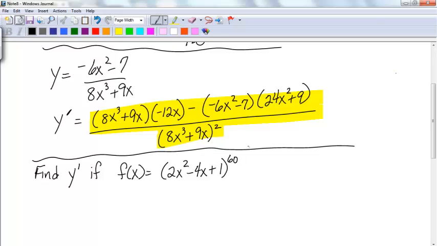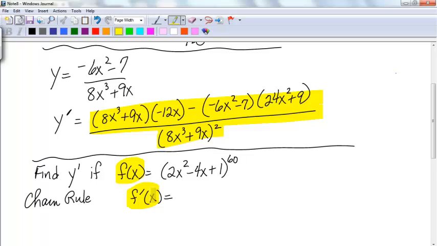That would be terrible. So there's another rule, a shortcut, the chain rule. If it's just a polynomial to a power, f prime of x equals, and I do want you to get used to writing down the original as f of x, and then you're finding either f prime or y prime, equals.